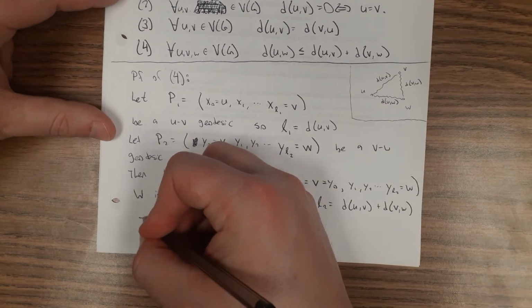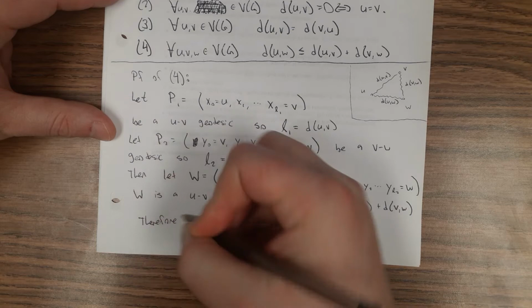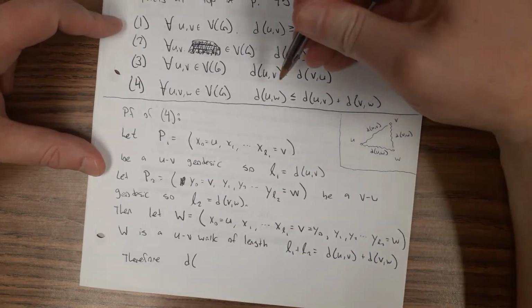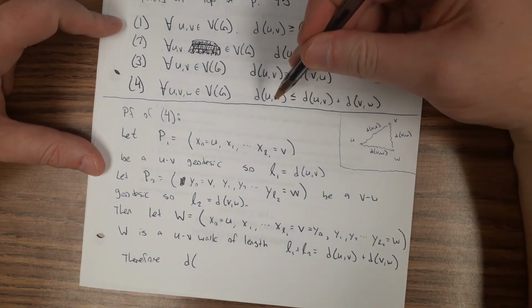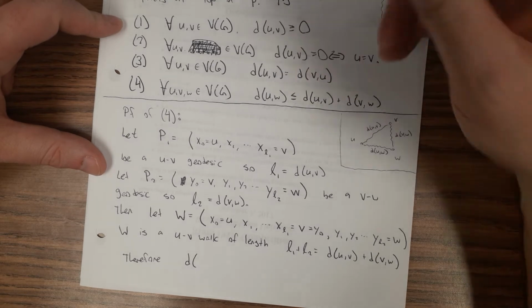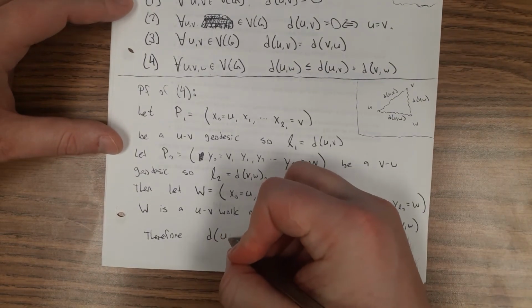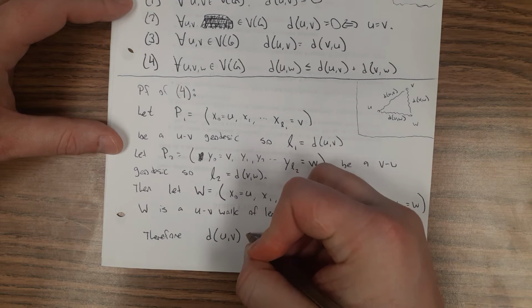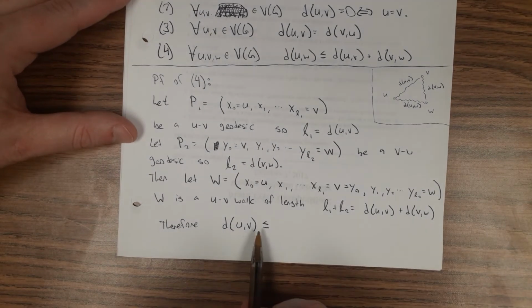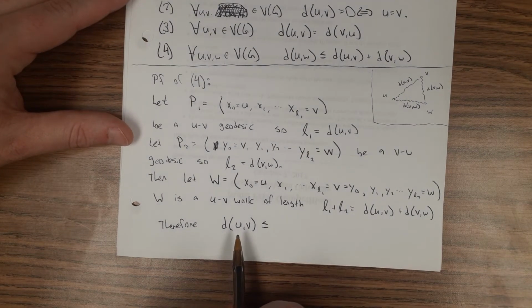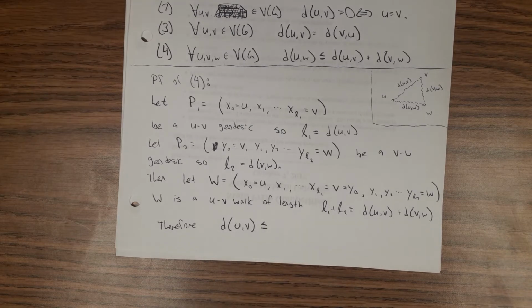Now, what I really want is to prove this. But we're basically done here. The distance from U to V, this here is the length of, okay, I shouldn't say the shortest walk, because there can be a tie for shortest walk.